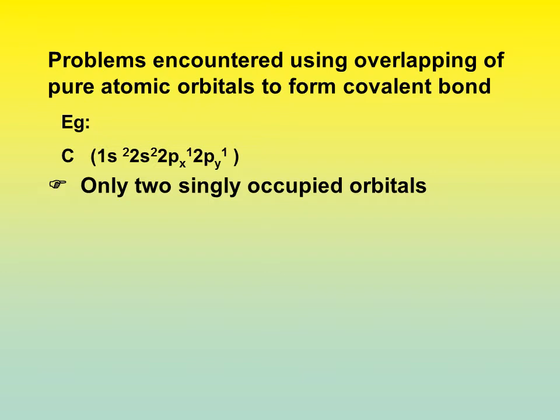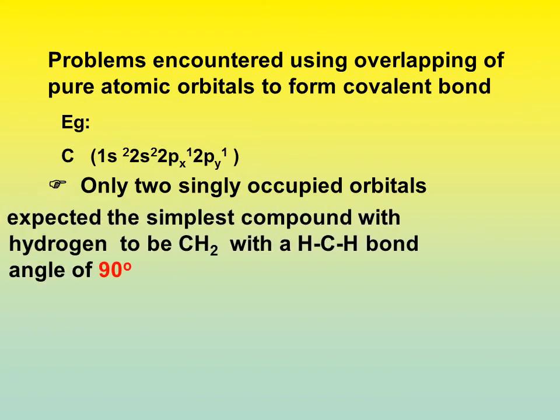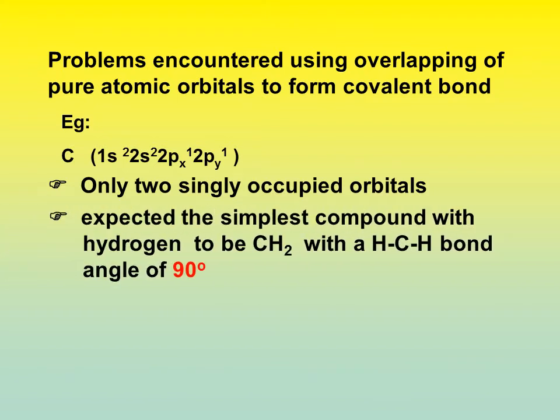In this case, only two p orbitals have unpaired electrons. Therefore, it only goes to reason that carbon should form only two bonds. And we also expect that carbon would form these two bonds at 90 degrees to each other, which corresponds to the two different p orbitals used.